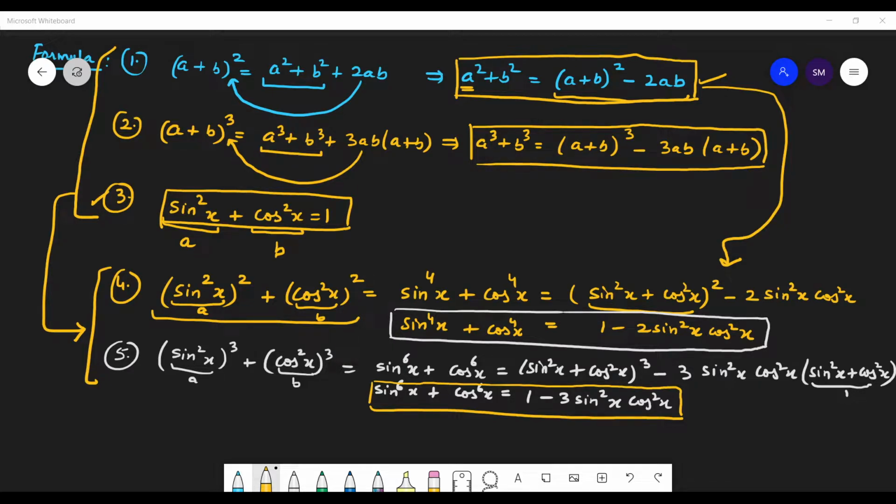Third formula that we will be using, this is a new formula. These two formulas you have studied in 10th class, but this is the new formula. This is sine 2 theta. So sine 2 theta is equal to 2 sine theta cos theta.